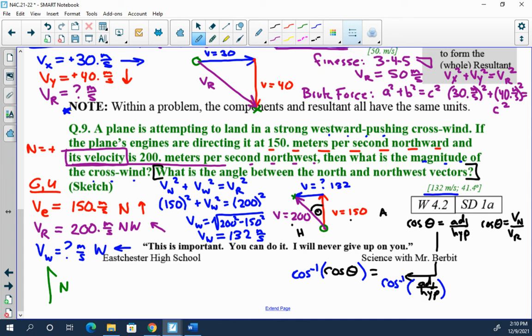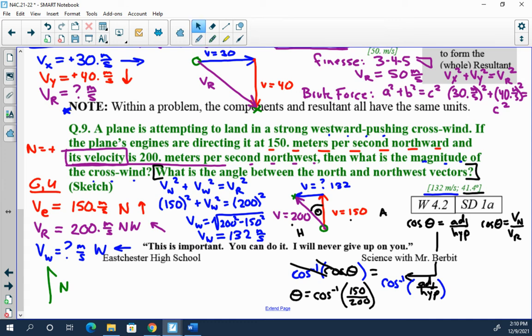Now, inverse cosine undoes cosine, so these two go away. And so now we're left with theta equals inverse cosine of adjacent was 150, hypotenuse was 200, and of course do the math, and this should come out to what we got over here, 41.4 degrees. That's how you do it.